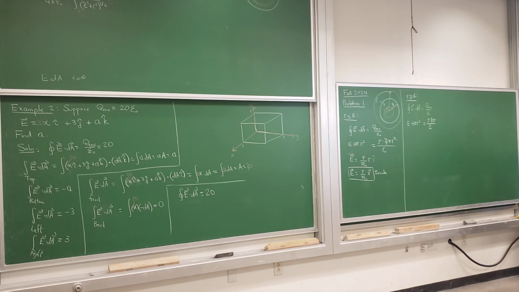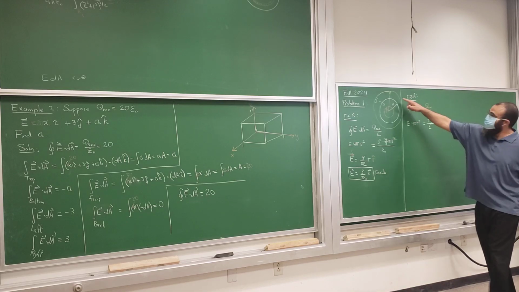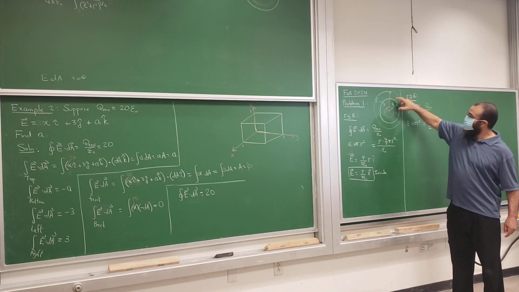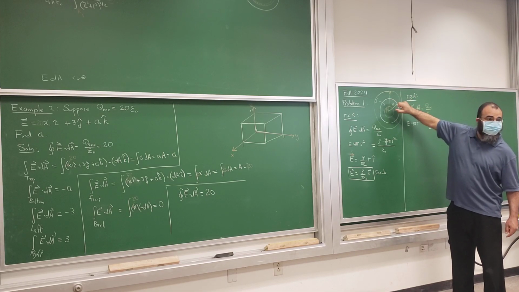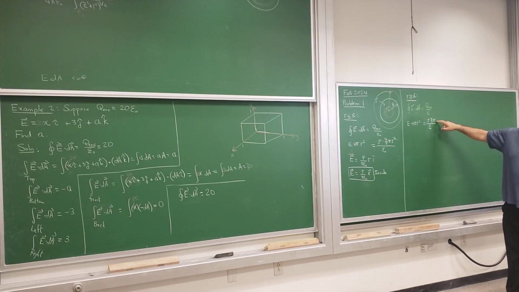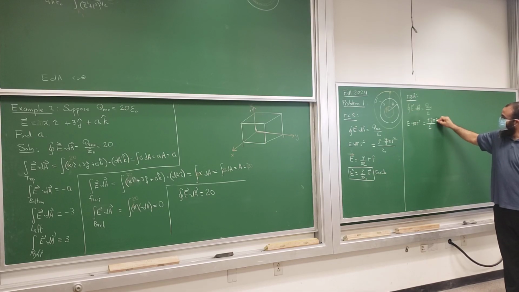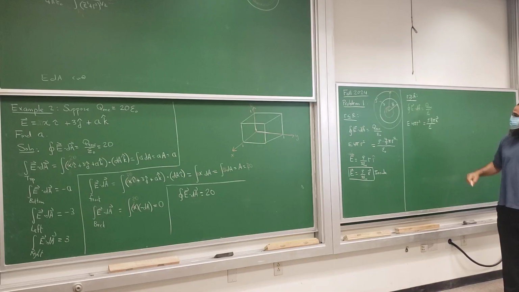Pi r cubed. Little r or capital R? Capital R. Because is there charge enclosed out here? No. So the charge goes up to here. So be careful when you put the R. In here, it would be capital R cubed.